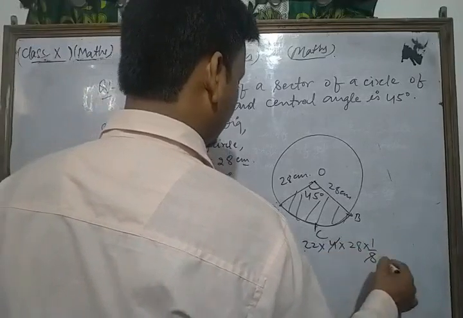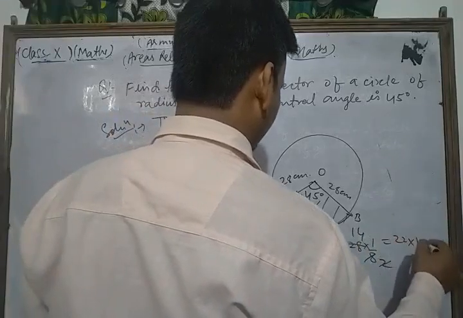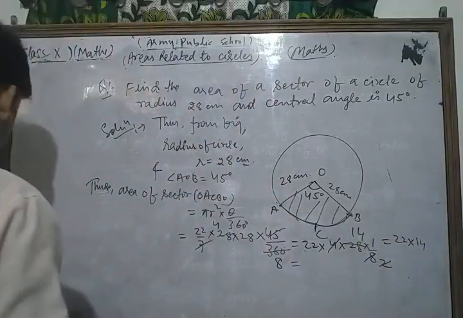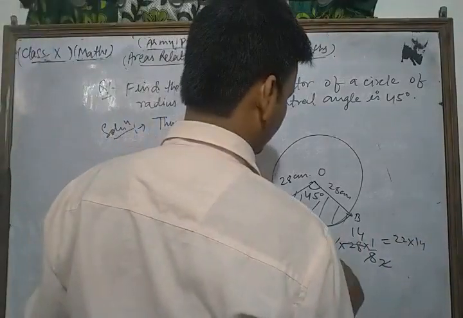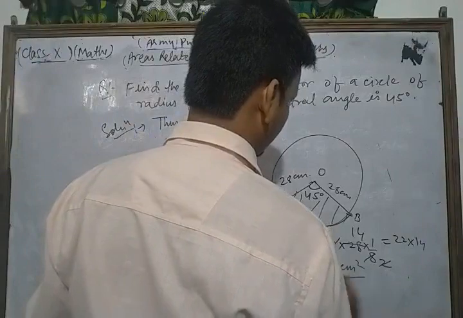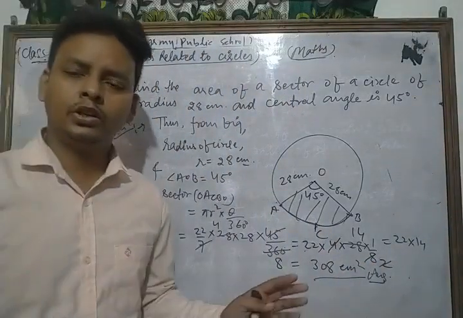So 4 2s are 8, 2 1s are 2, 2 4s are 8, means 22 into 14, and after multiplying them we get 308 centimeter square. This is the required solution of the given question.